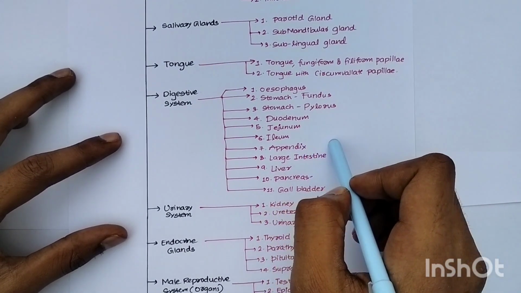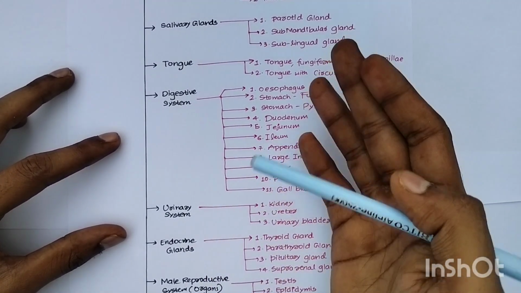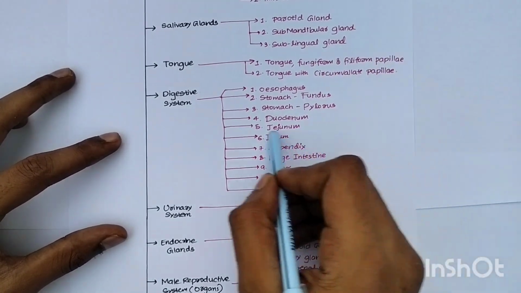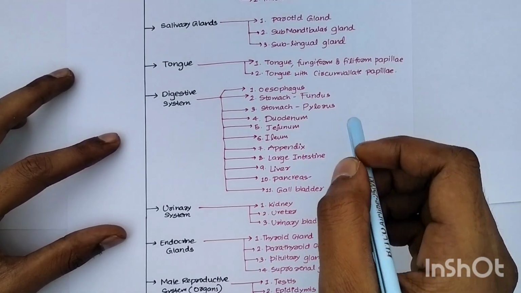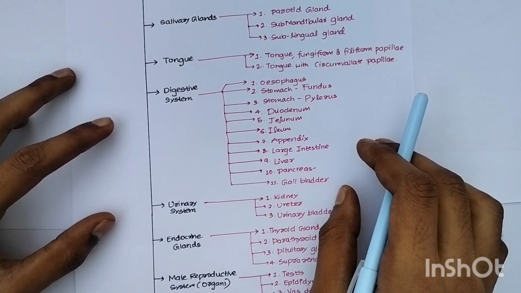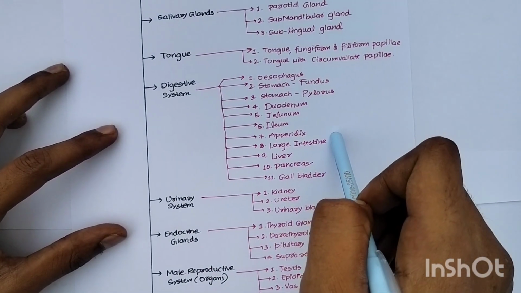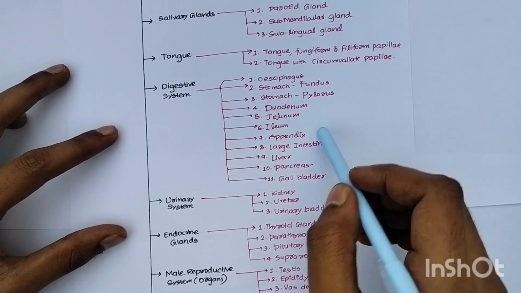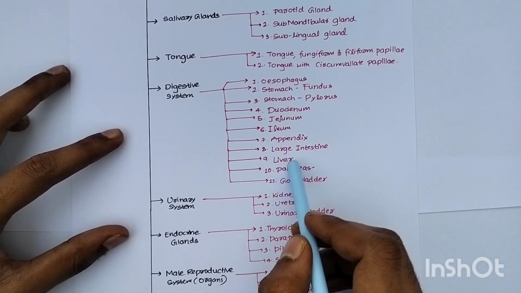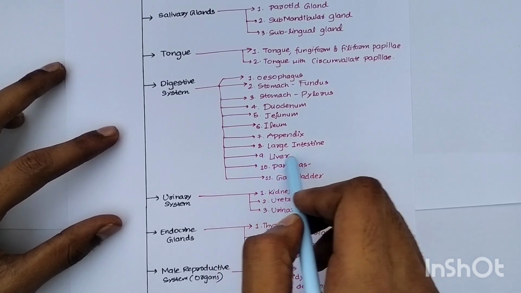If there is inflammation, a disease progressing in the appendix, and you have studied the normal structure, you will recognize the inflamed or infected cells of the appendix, and you will plan for a surgery, or tell the patient that they have to do a surgery to remove it, or take necessary prophylaxis. Then the large intestine, and the liver, the major organ, right?